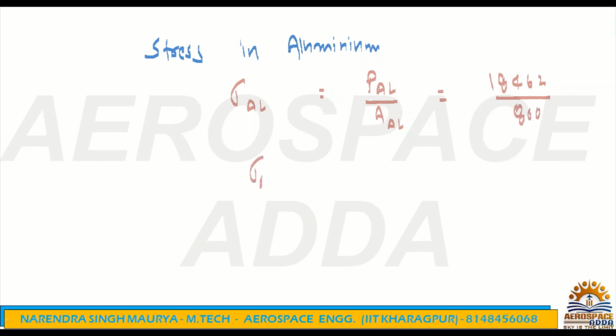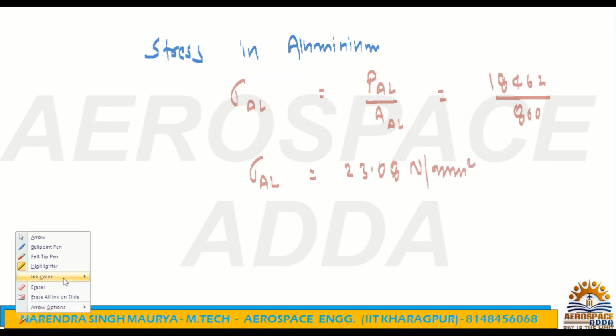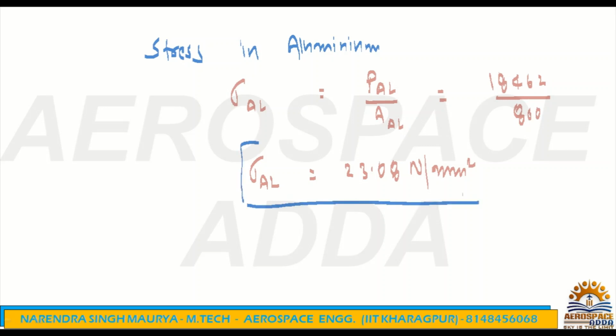So sigma of aluminum, the stress in the aluminum strip, is almost approximately 23.08 Newton per mm square, because this area is 800 mm square, hence don't change the unit, just put it that way only. So this is nothing but stress in aluminum.